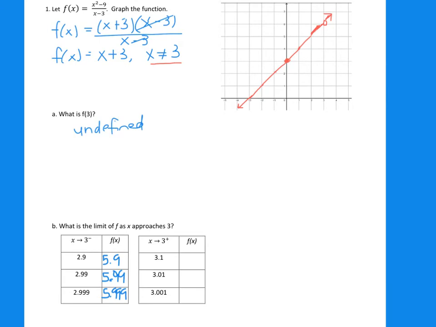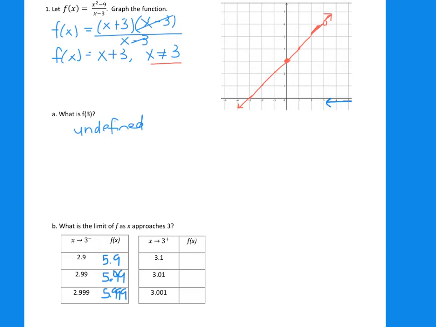So in our table we have as x approaches 3 from the right, and that's what that little plus sign looks like, a little plus exponent. And when we see that plus, it means we're approaching x now from the right side. So if we look at our x-axis in our graph, as we come in from the right along the x-axis, as we approach 3, what is happening to our function values?